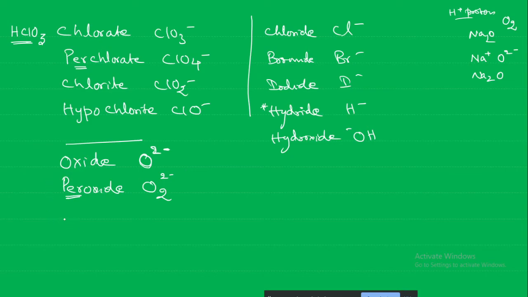Next, there are some transition metals which have variable valency but are very important chemicals. This includes chromate, CrO4 2 minus.